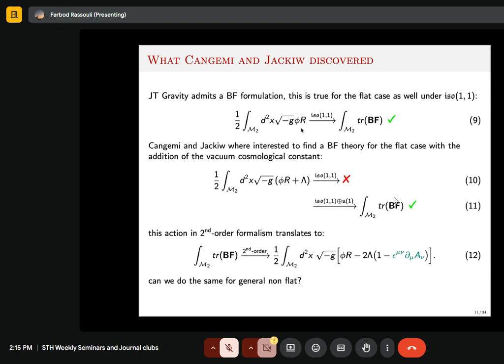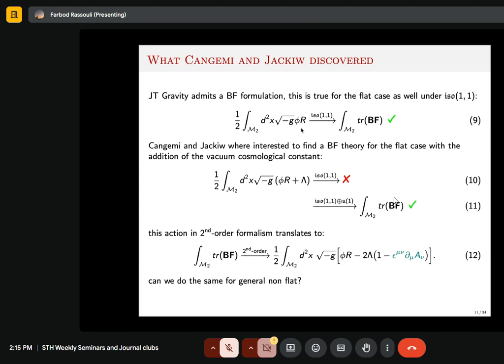Equation 9 is partially correct, but you have to pay attention. Only Poincaré is not enough for writing flat JT as a BF theory. So flat JT gravity cannot be written as a BF theory because it doesn't have the right trace. I mean, it doesn't have an invariant bilinear form.